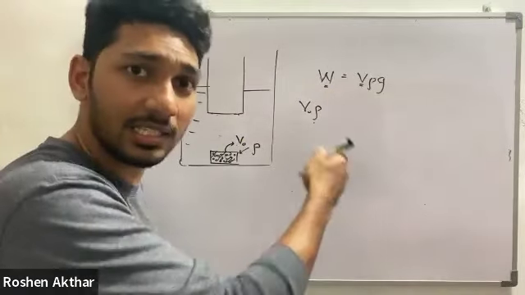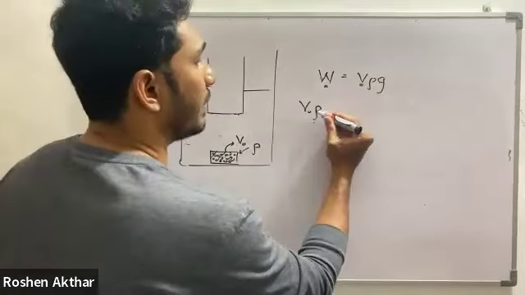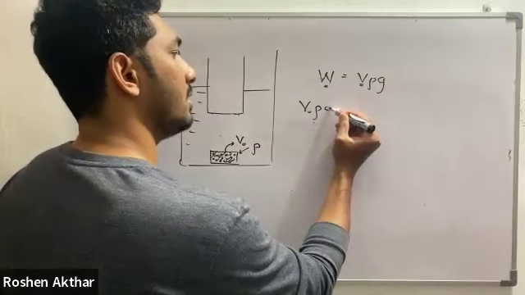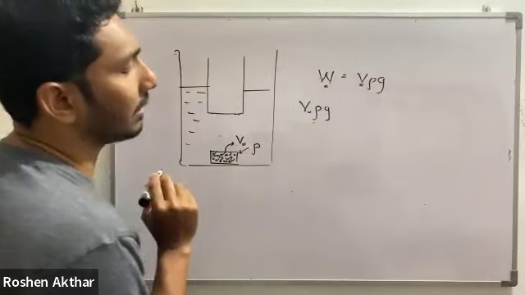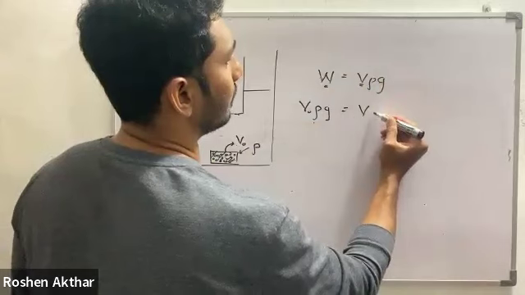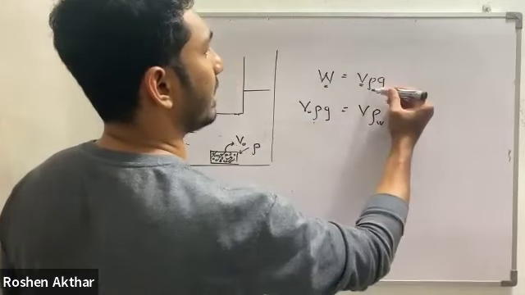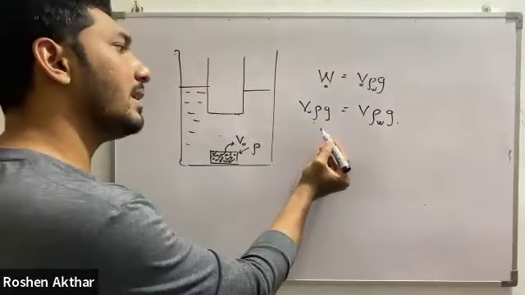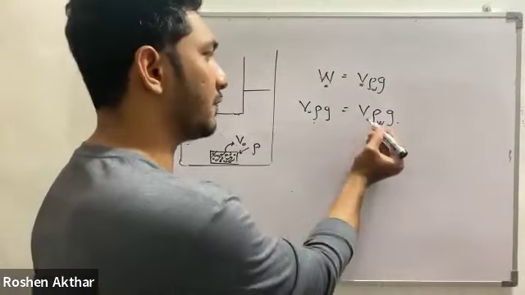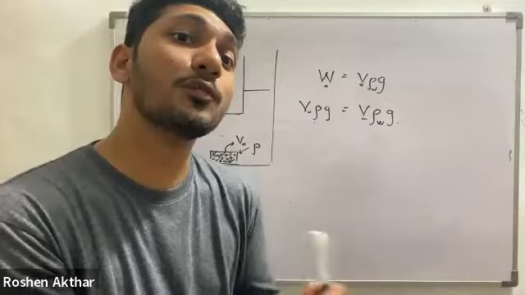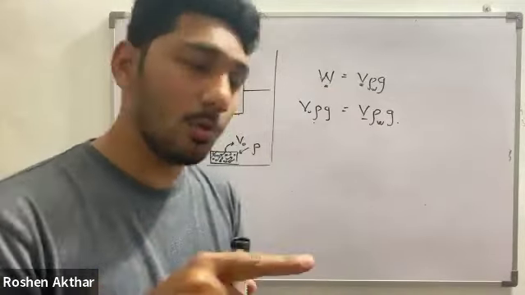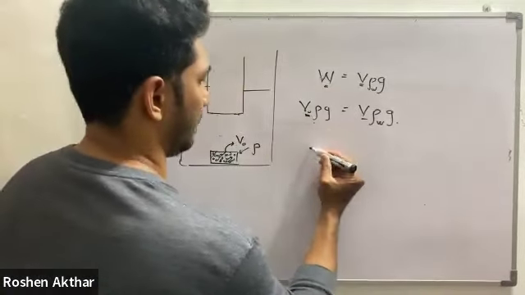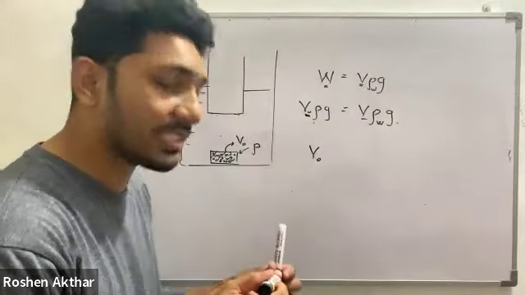Okay, V rho_w G equals W G. So this V was the volume that was displaced when it was floating. But now it will displace this V naught because now it has immersed.